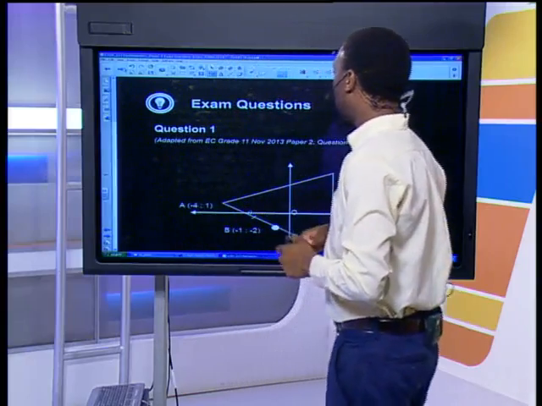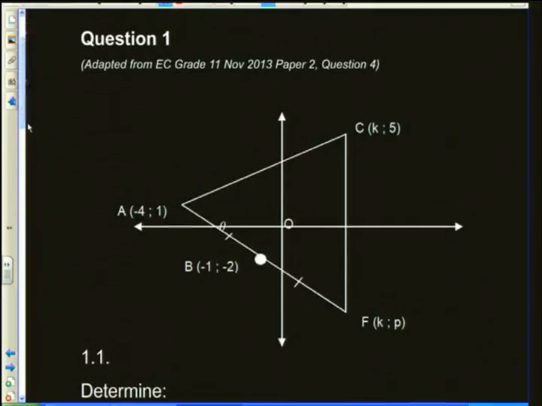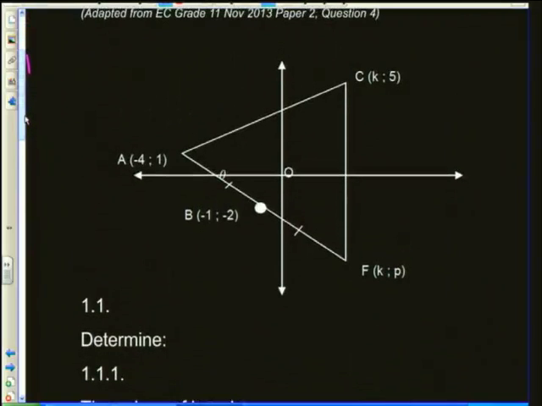Right, so let's look at what we're going to do in this session. Question 1 here is taken from an Eastern Cape paper. Okay, it looks like an analytical geometry question.